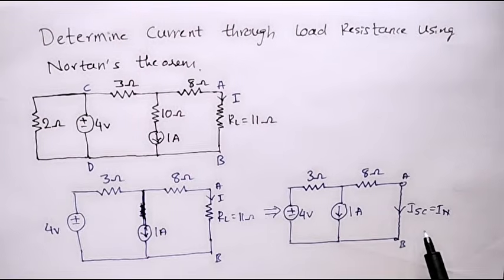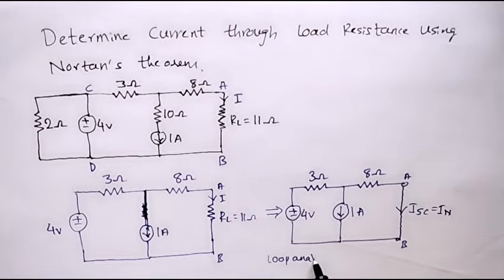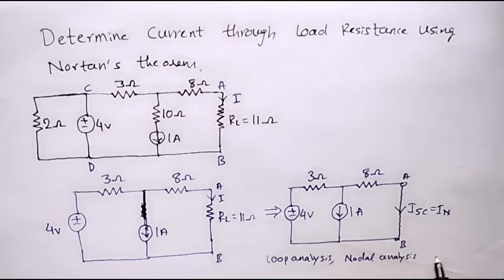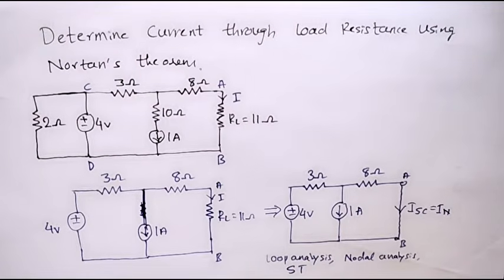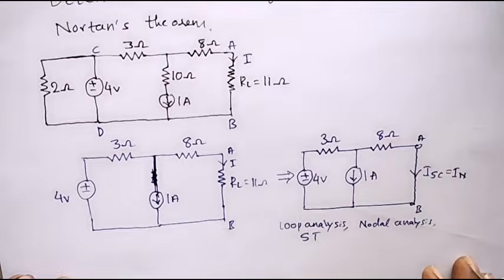This current can be calculated in 3 ways. We can calculate using the loop analysis method, or we can use the nodal analysis method, or we can use the source transformation method. Now let's apply source transformation and try to find the current ISC.